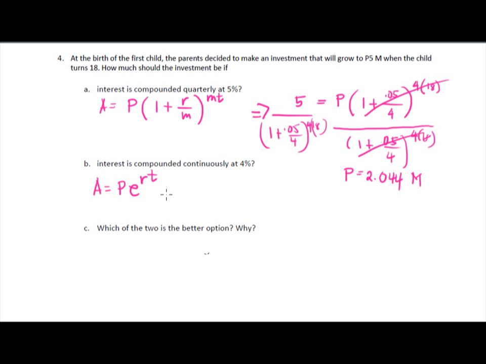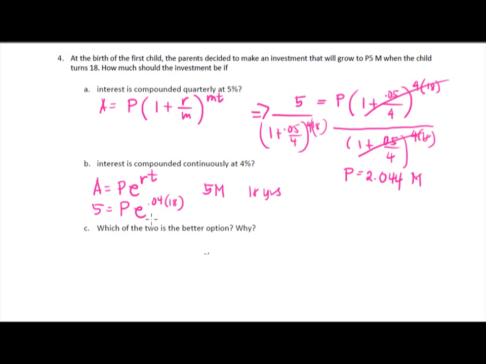Now for the second one, still we want to get 5 million after 18 years. So we have 5 is equal to whatever the investment, amount of investment, times e to the, note, now we have 4%, so 0.04 times the 18.